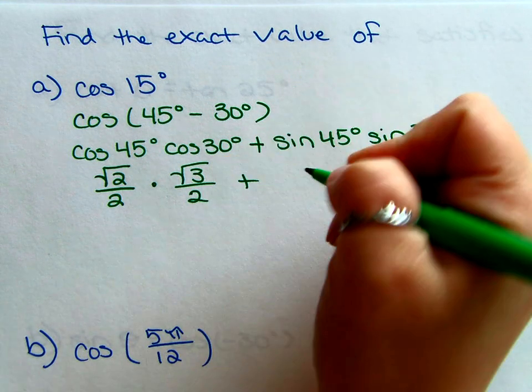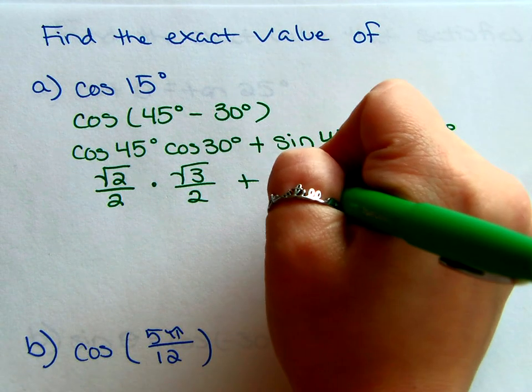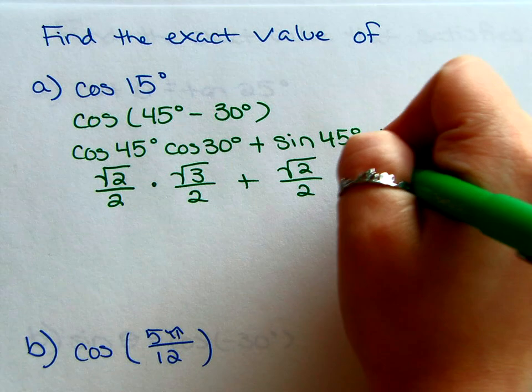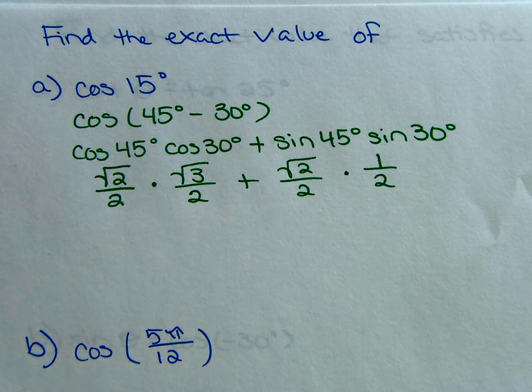Plus, and then the sine of 45 degrees is the same thing as cosine, and then the sine of 30 degrees, 1/2. So I'm plugging in the values that we know it to be. And if you don't know it to be that, I strongly encourage you to memorize your unit circle. Or memorize the tables where we have the cosine and sine and tangents broken down for the 30, 60, 90, 45 degree triangles. Those will be very helpful.